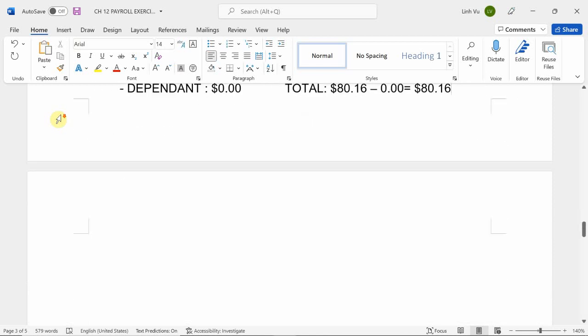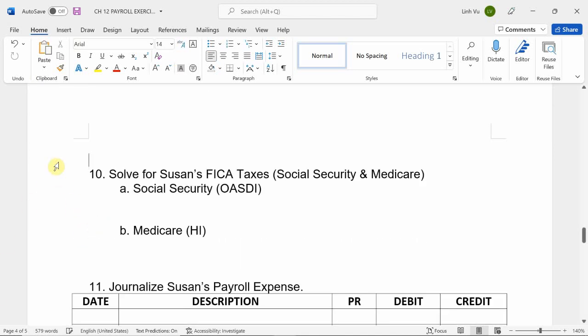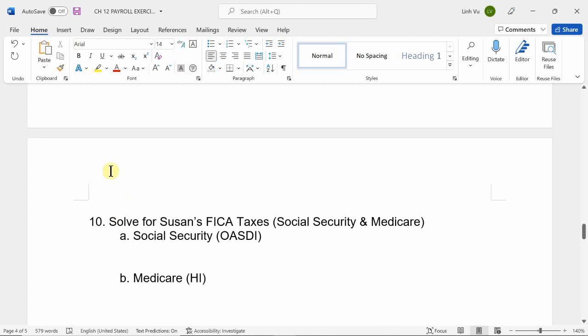What about her Social Security and Medicare? We need to calculate the Social Security. How much did she earn?